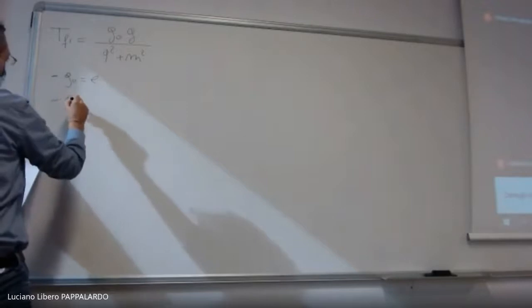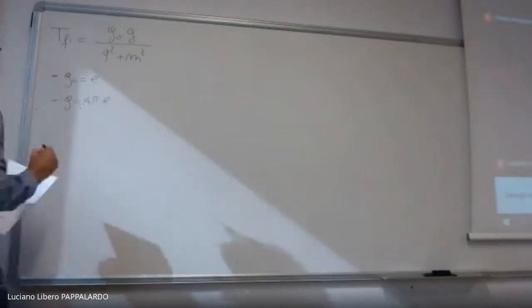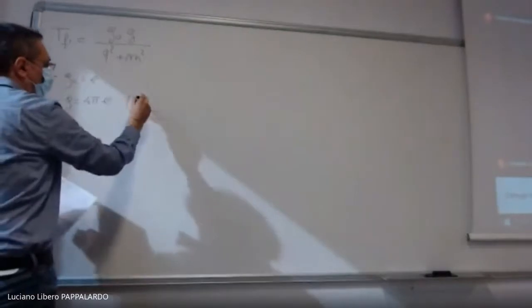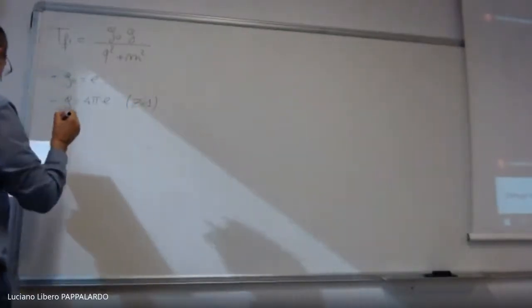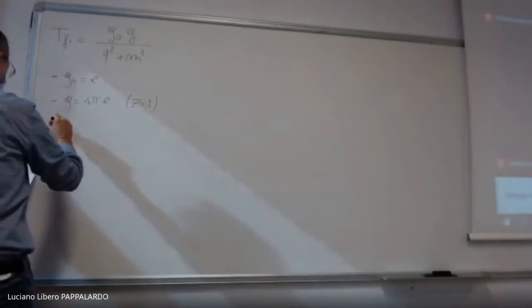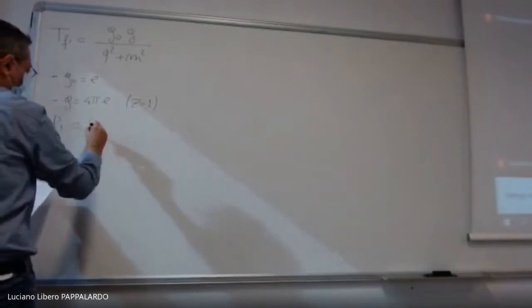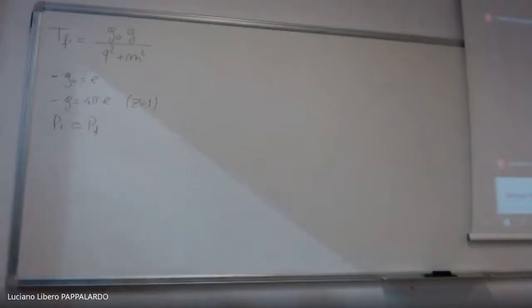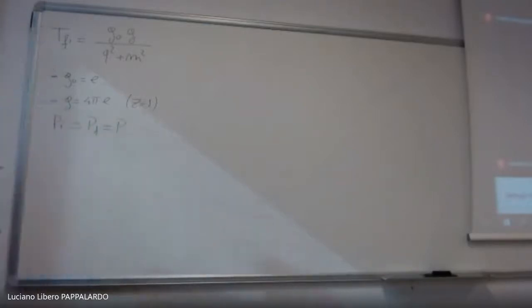G, as we've seen for the proton, is 4 pi e. Of course, we want to assume that Z is 1. And finally, we neglect the recoil of the proton. This means that the initial momentum of the electron, p_i, is approximately the same as the final momentum of the scattered electron, and so we can just call this p.